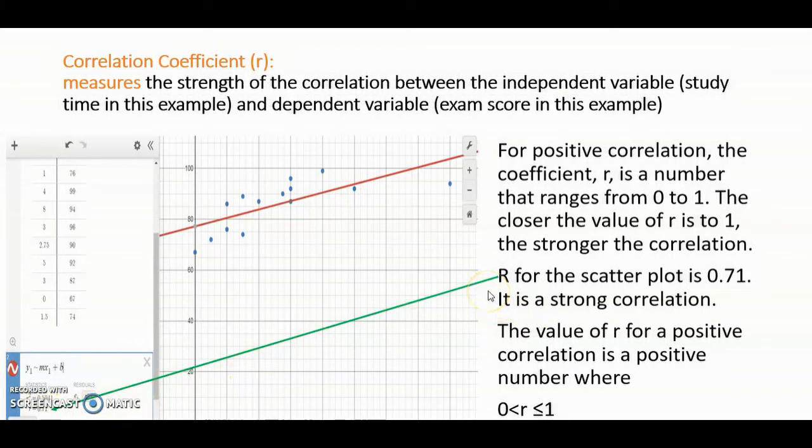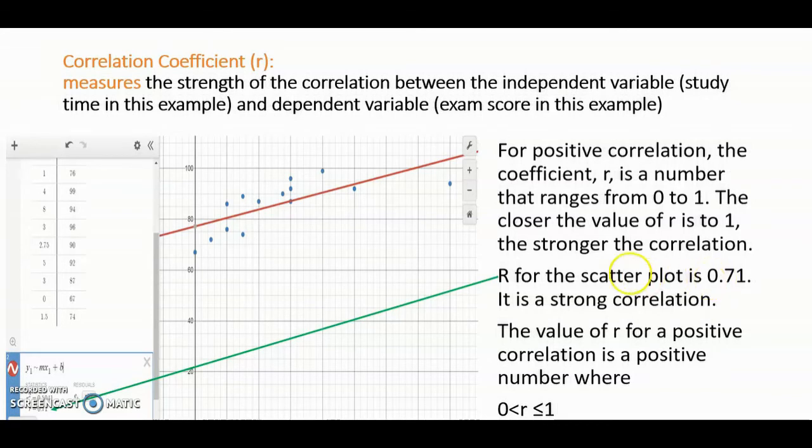So based on this, how are we going to describe the association? Is it strong? Is it very strong? Is it weak? Well, 0.71 is kind of like 71%, right? Are you going to describe 71% as strong or weak or very strong? I would say 0.71 is strong.